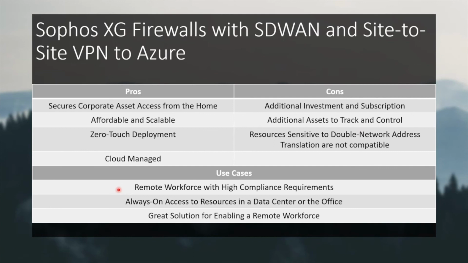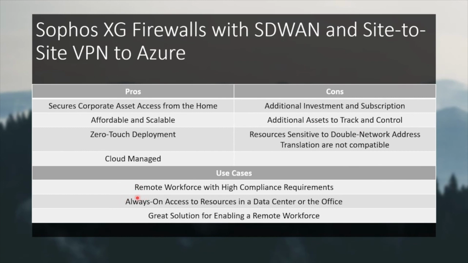If you've got a fully remote workforce and you've got a highly compliant organization, you do not have to stop work simply because you can't secure their home office. This allows you to continue to work, continue to enable that user to be productive and to be secure and meet your compliance requirements. It's always on. Well, hopefully always on, if your user's home internet is always on.